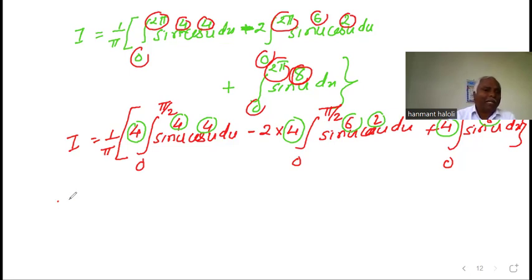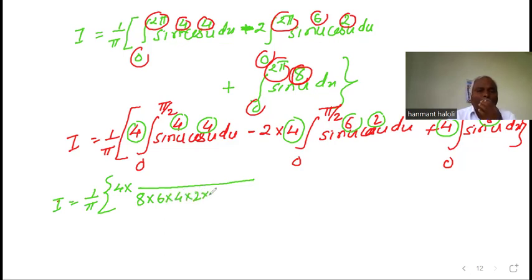I write here the answers directly, 1 upon pi. For this, 4 into, I'll explain one integral directly. Add both the powers: 4 plus 4, 8. 8 into 6, 6 into 4, 4 into 2, then the last 1.